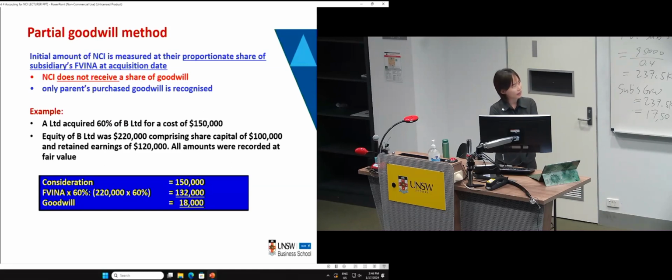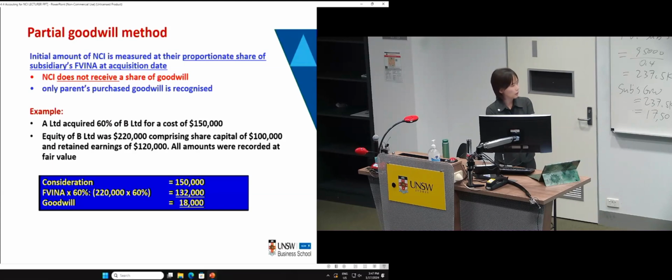This is identifiable net asset. What is goodwill? It is an unidentifiable item. So under the partial goodwill method, only the parent's purchased goodwill is recognized.